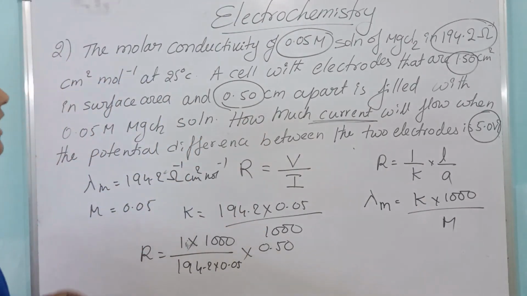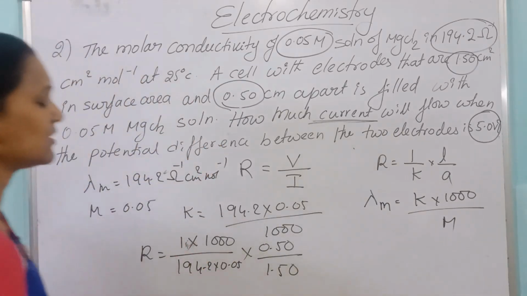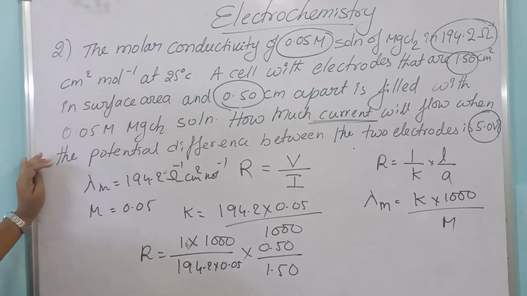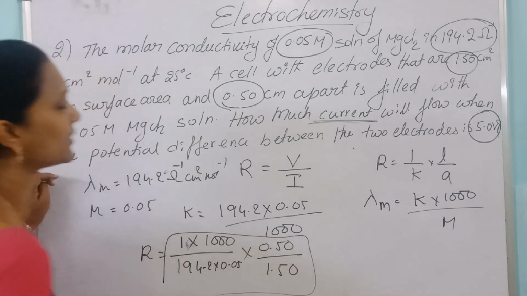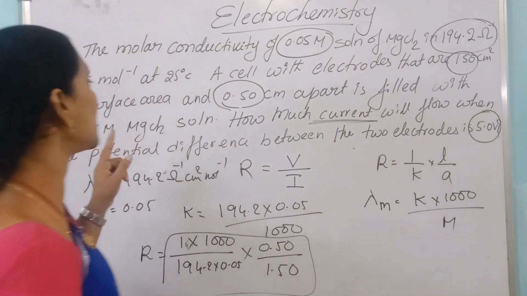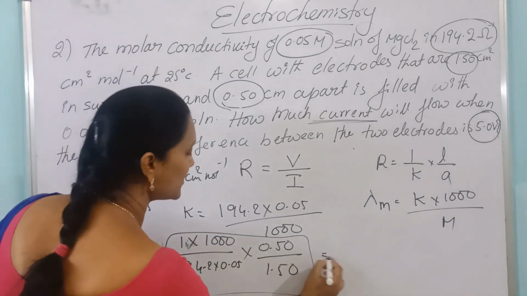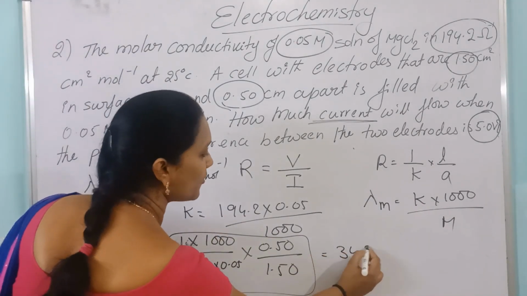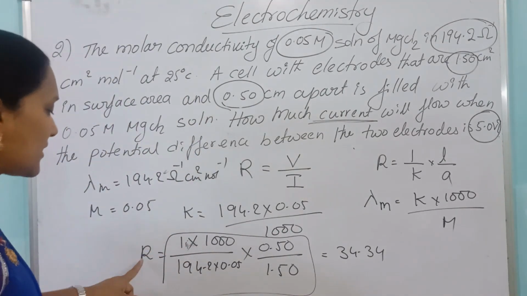And area how much is given? 1.50. So first we should simplify this one. This is equal to 34.34.